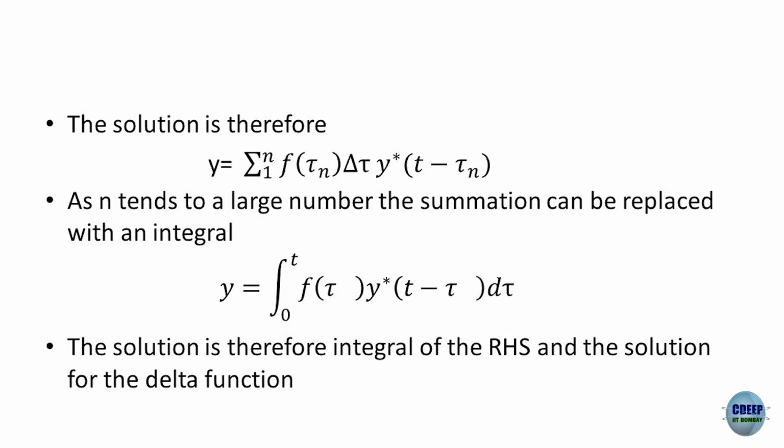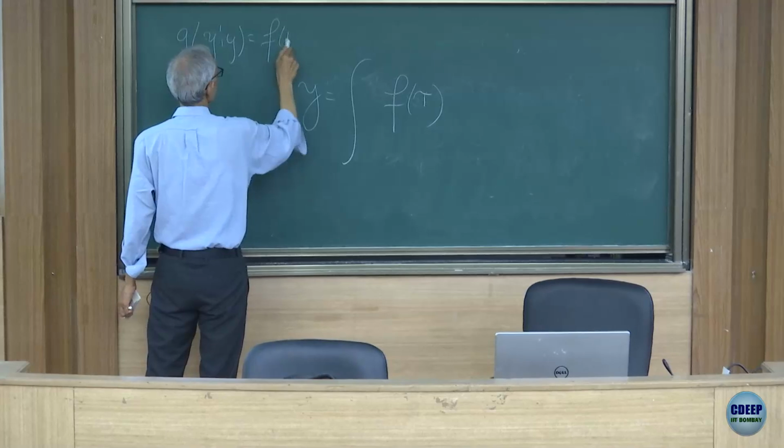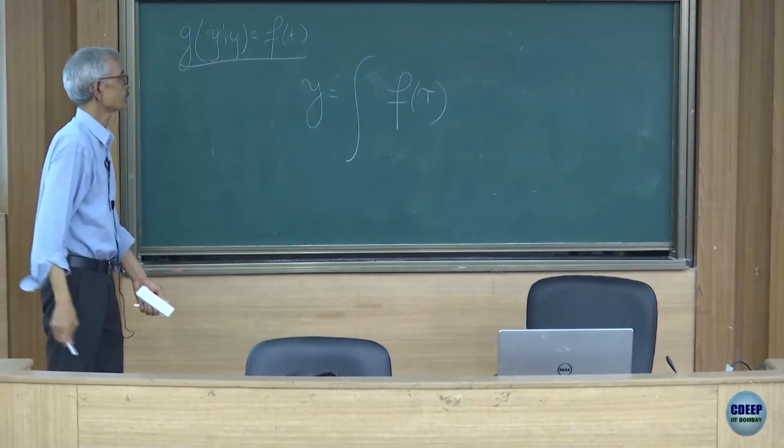And then, because my n is tending to infinity, the summation is going to go to an integral, and you get y is going to be equal to the integral of f of tau. F of tau, remember, is nothing but my right hand side. So whatever was there, some function g of y prime, y is equal to, this was my original equation.